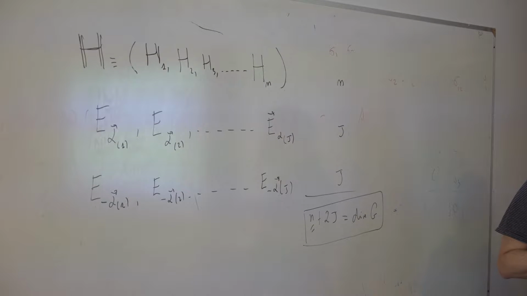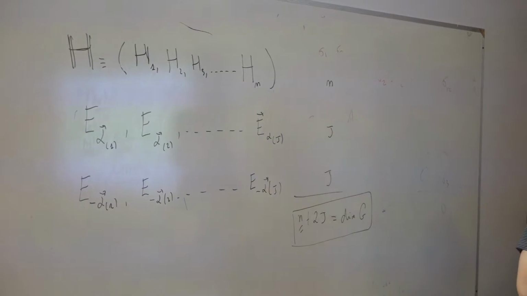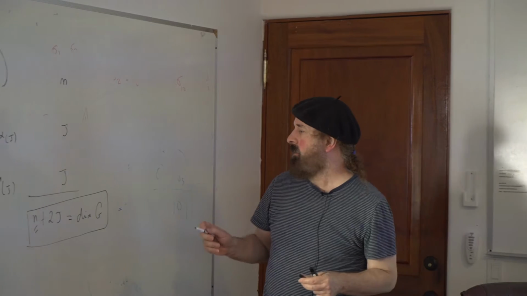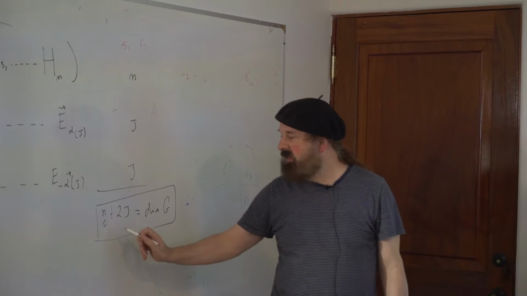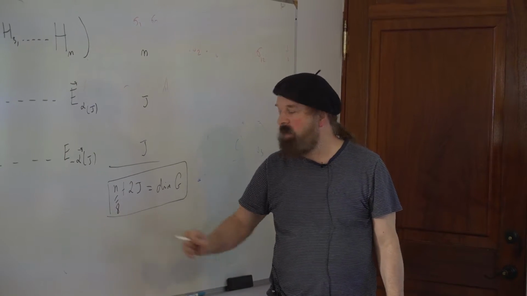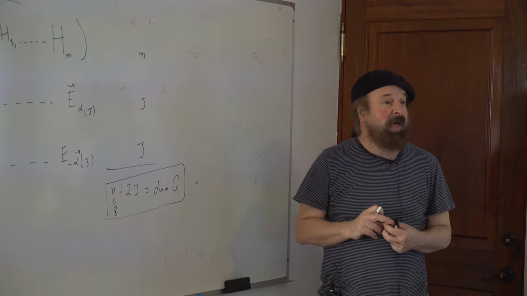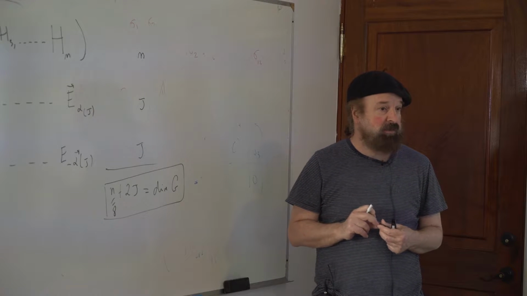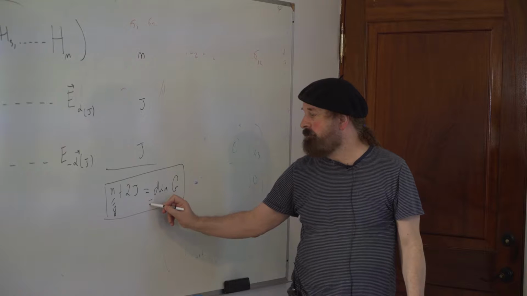E8 has rank 8, right? Okay. So E8 has rank 8. Now the dimension of my algebra is what? 248, right?